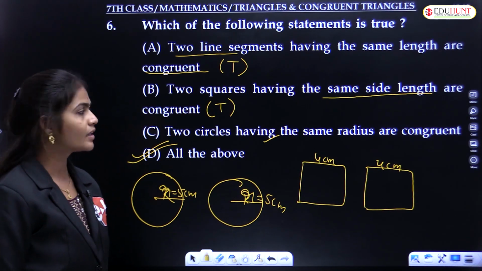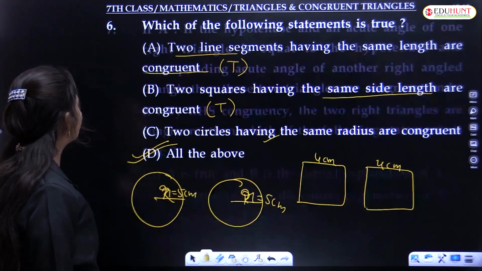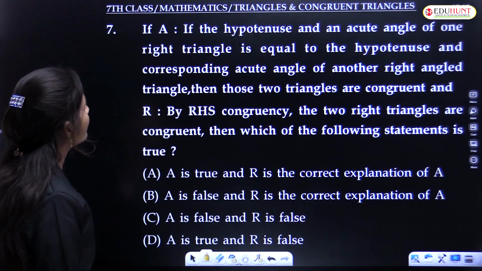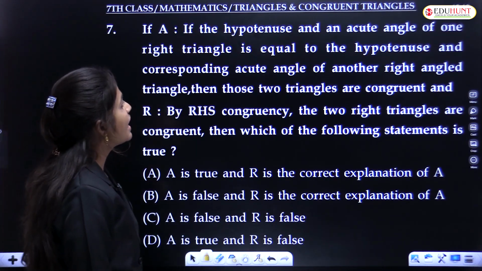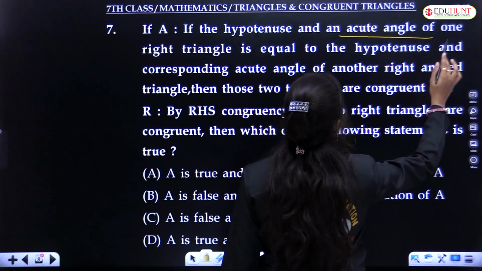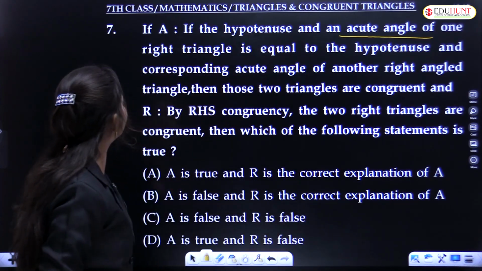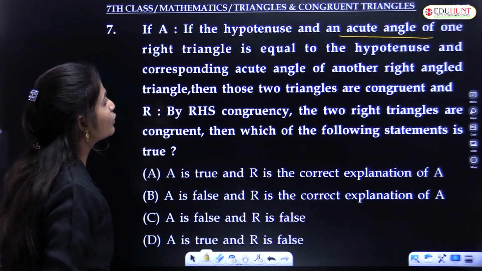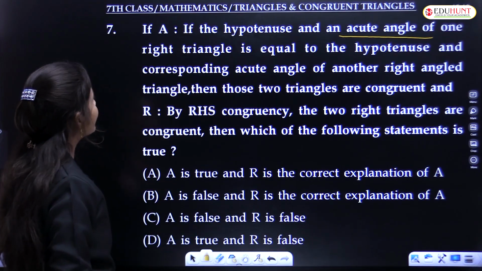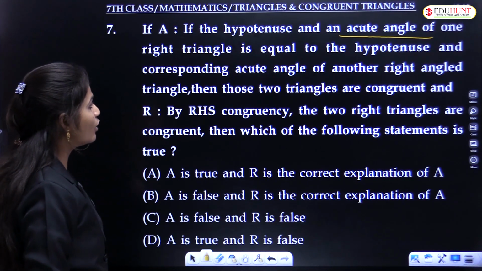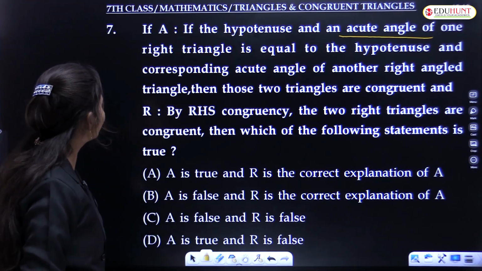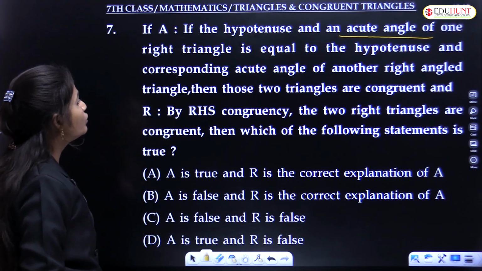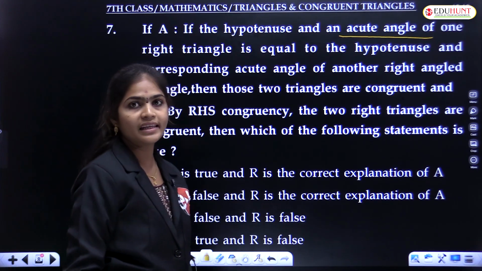Is it clear? Yes. So let us see the next one. If the hypotenuse and an acute angle of one right triangle is equal to the hypotenuse and corresponding acute angle of another right angled triangle, then those two triangles are congruent.